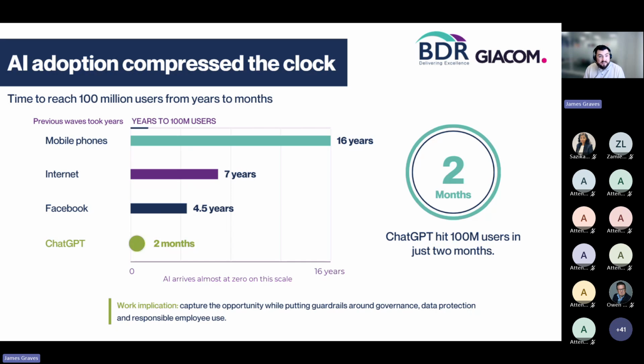It's a fantastic technology that can bring incredible benefits to organizations, but it's really important that these things are planned out correctly. The team at BDR are incredibly well placed to support you with that type of activity, to make sure you've got the guardrails, the governance, the data protection packages and things of that nature in place to ensure that your employees can use it in a responsible manner, and that they're using the secure and protected versions of these technologies and not potentially malicious ones that exist out there.